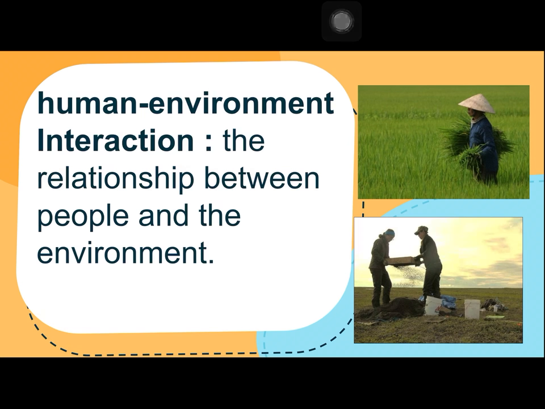If you decide to have a piece of trash and throw it on the side of the road, you are interacting with the environment. But is that in a negative or a positive way? That would be in a negative way. So our human interactions with the environment can be both negative and positive. And like I said before, some people have more interactions with the environment than other people.